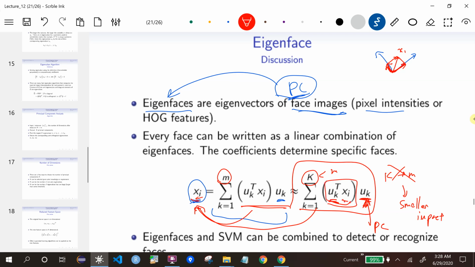They are the dot product between a vector and another vector, so they are just coefficients, just scalars. We can just remember these scalars that represent this face, and we can use these principal component faces, or eigenfaces, plus these few k numbers, to reconstruct the original face image.